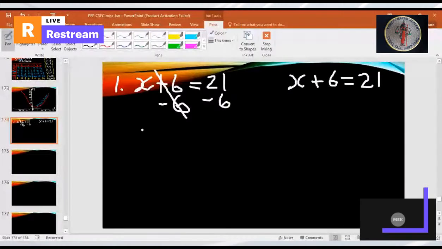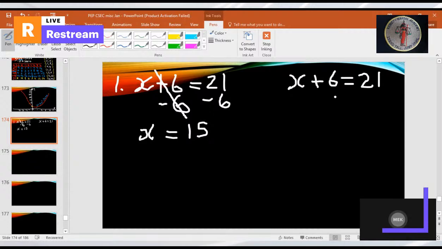So what we're left with is x, because the 6 is now gone. 21 minus 6 is 15. If we plug that answer back into the original equation, it should add up. So if we plug 15 where x is, 15 plus 6 does give 21. So that's how we know we're right.